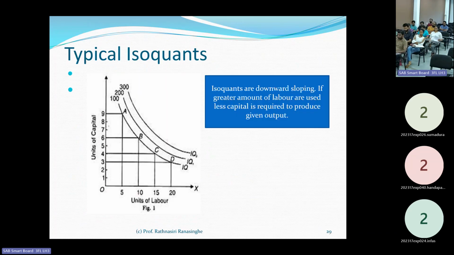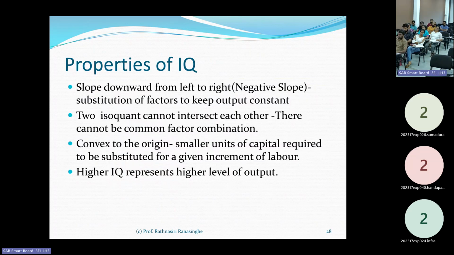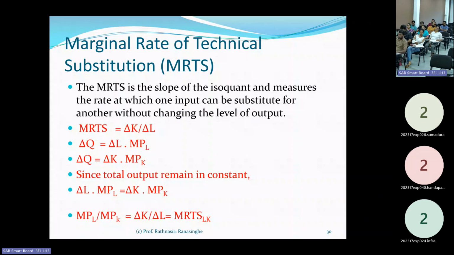So that is the MRTS, the marginal rate of technical substitution. That means it is the slope of the isoquant.